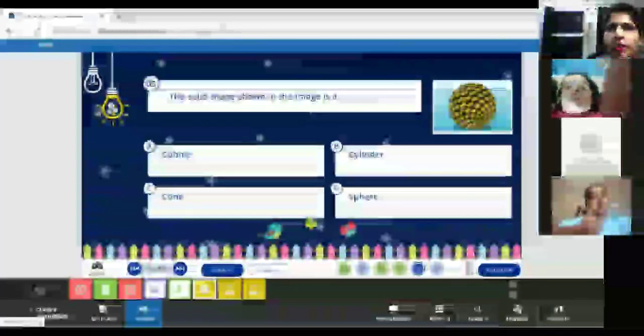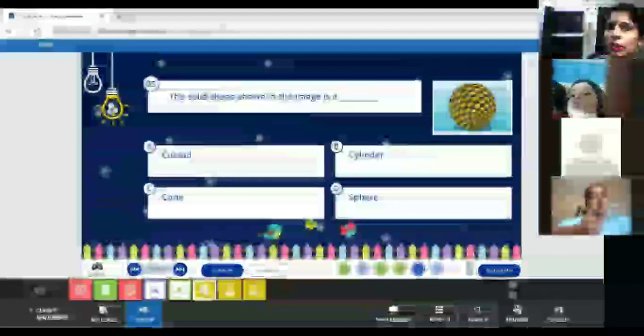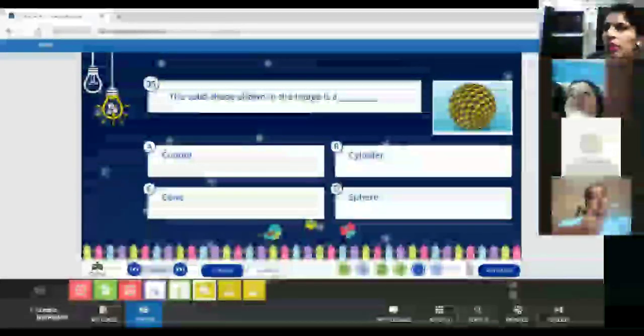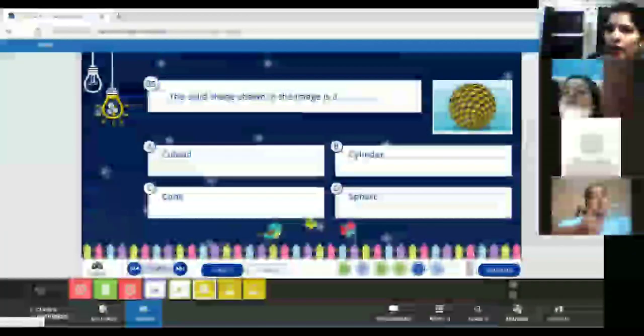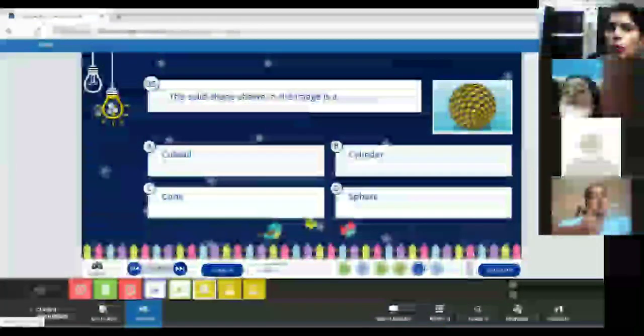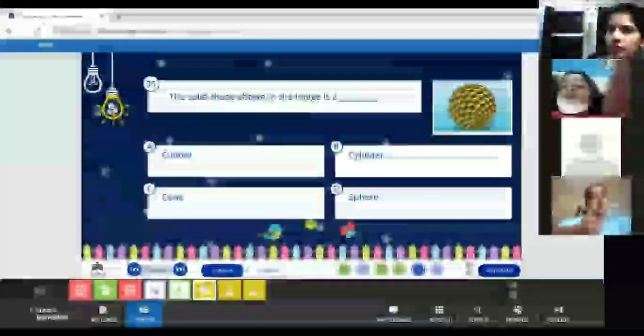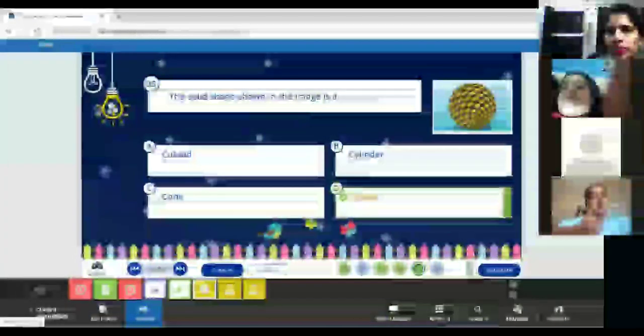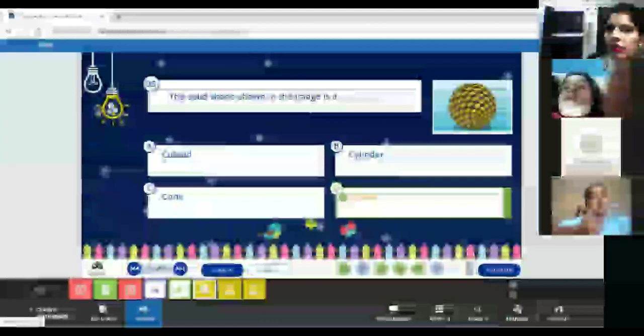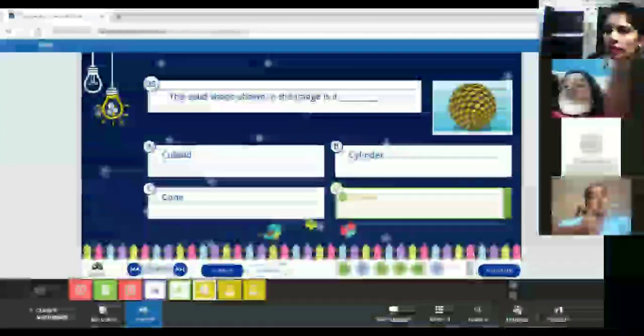Next, the solid shape shown in the image is a, what's the name of this shape? It is a cuboid, cylinder, cone or a sphere. What is it? Let's see. It is a sphere, okay?